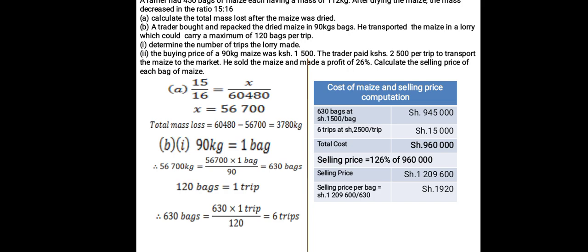Now he had 630 bags. Now divide the selling price by 630 bags, we get that he was selling each bag at 1,920 shillings. So the sales price of each bag of maize was 1,920.